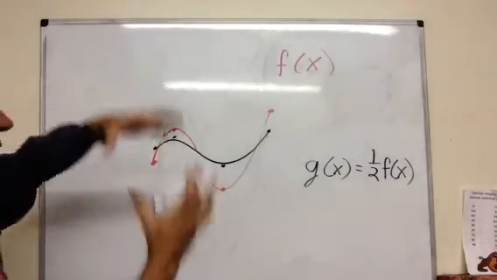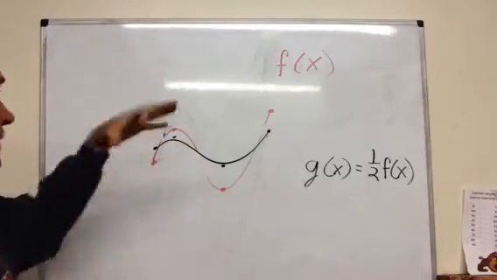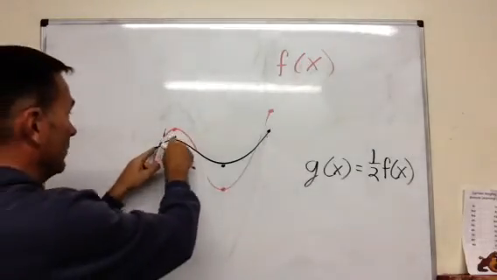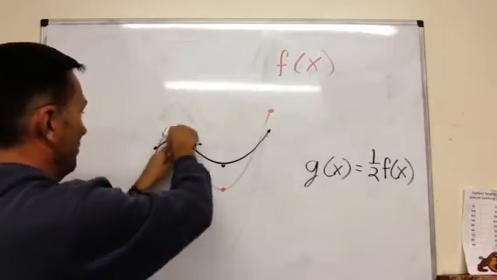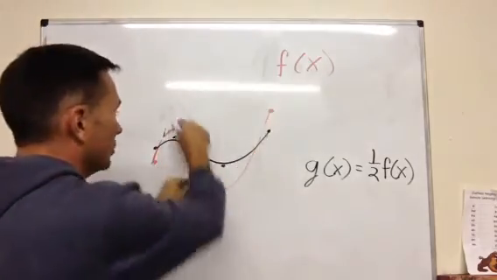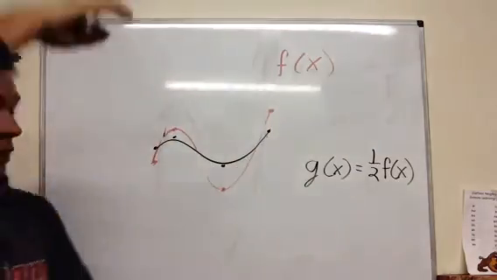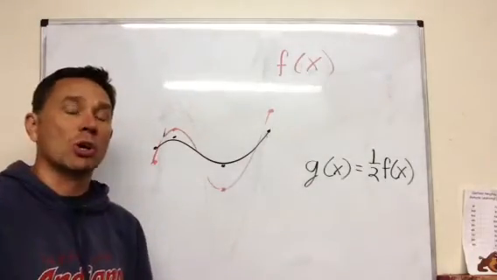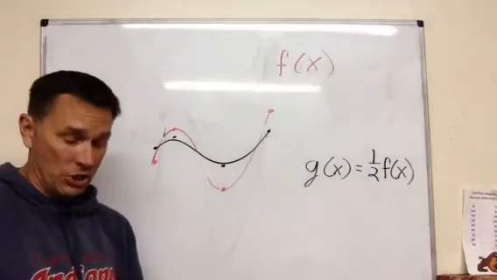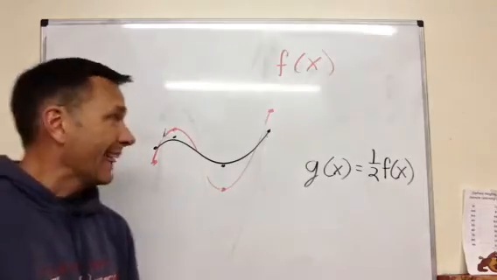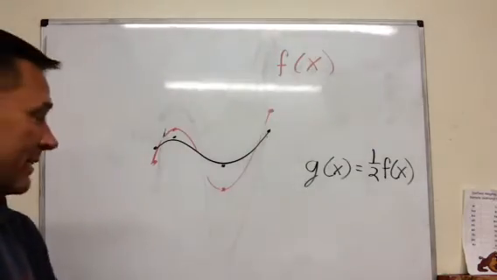That would be kind of compressing it down, pushing it down. If you notice, the x values are still the same, but the y values are changing. We're condensing it, making it a smaller curve or a smaller relationship. That's stretching and that's condensing.